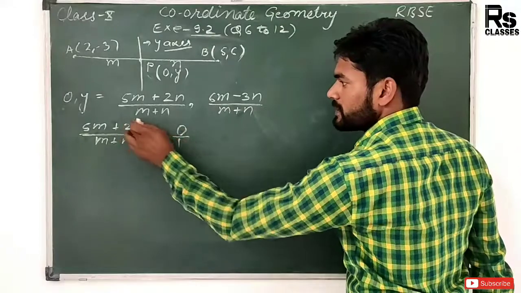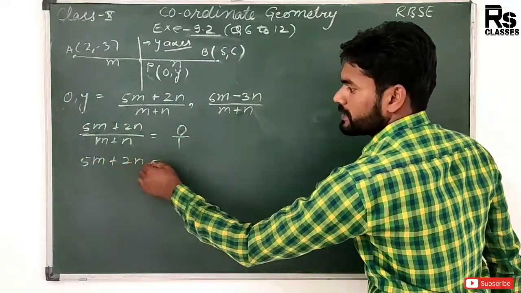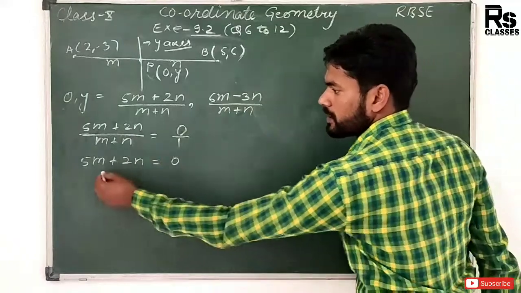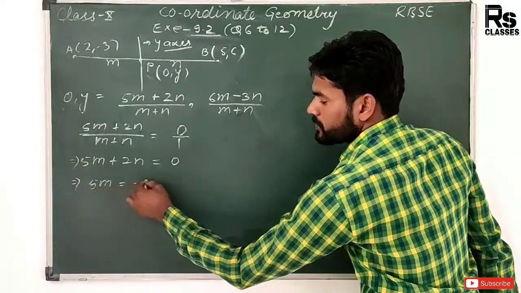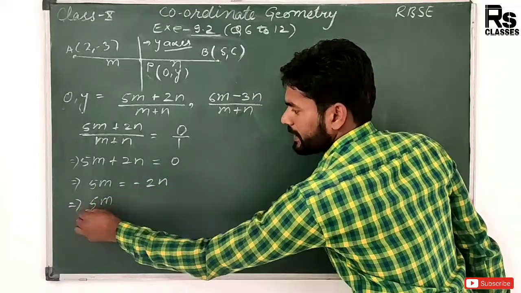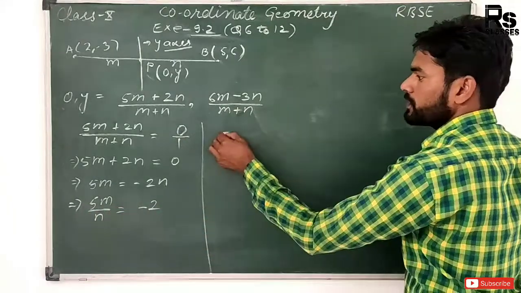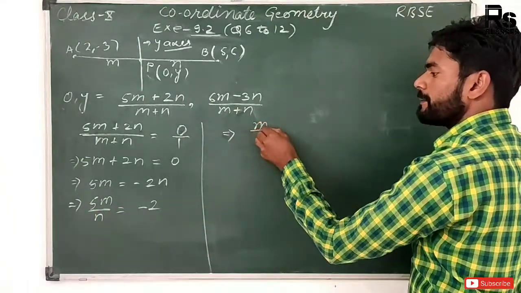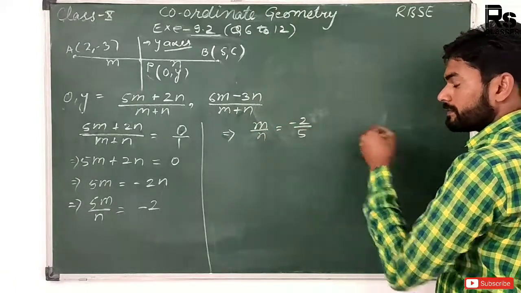It becomes 0, and this remains the same: 5m + 2n = 0. Now transpose the values: 5m = -2n. Now take n as the denominator: m/n = -2/5.